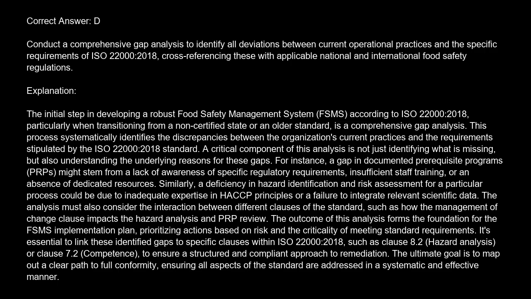A critical component of this analysis is not just identifying what is missing, but also understanding the underlying reasons for these gaps. For instance, a gap in documented prerequisite programs, PRP, might stem from a lack of awareness of specific regulatory requirements, insufficient staff training, or an absence of dedicated resources.